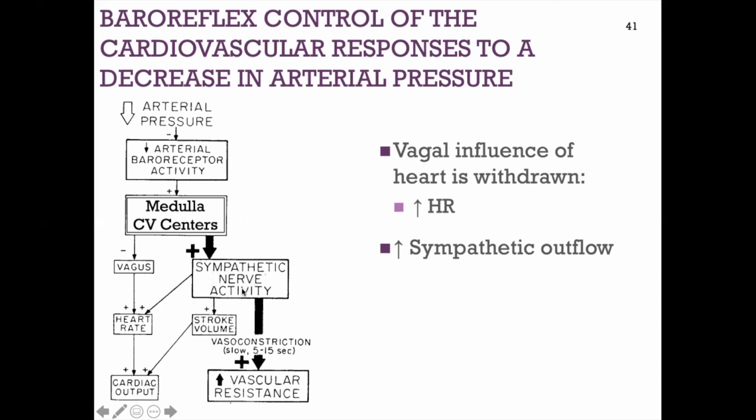So what does the sympathetic nerve activity do? Well, it allows us to increase our stroke volume, which also adds to our cardiac output. It increases our heart rate, which will lead to an increase in our cardiac output.